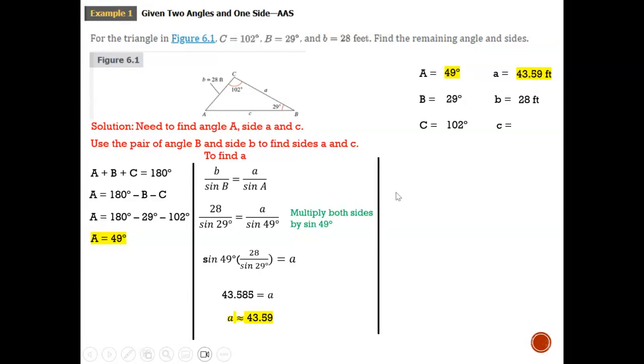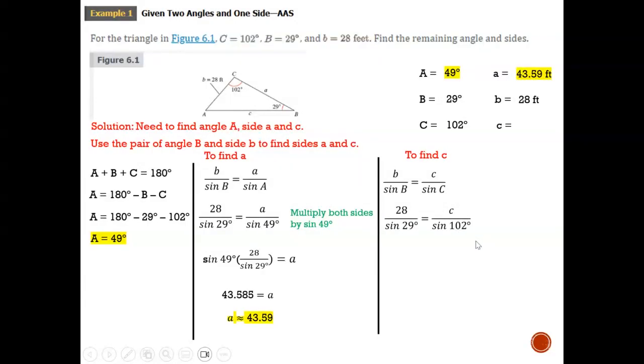Now let's find side c. Since a pair was given, the angle B and side b, that's what I'm going to be using. Now just plug in everything. Again, b is 28 feet, the angle B is 29 degrees, we're looking for side c, and the sine of angle C is 102 degrees.